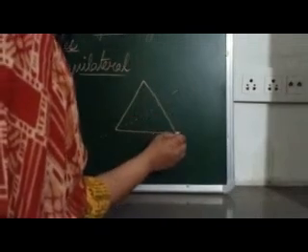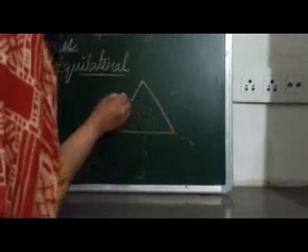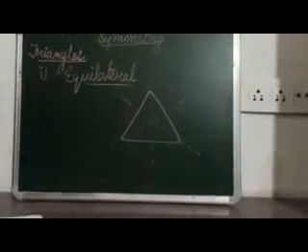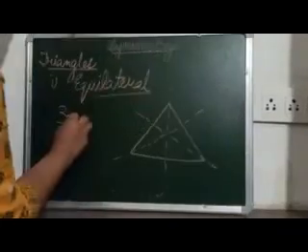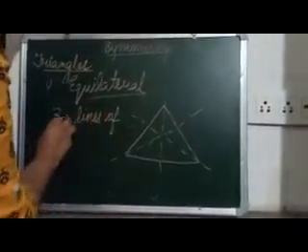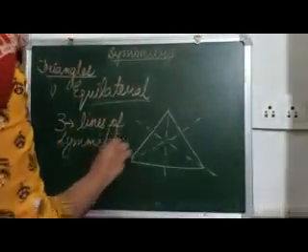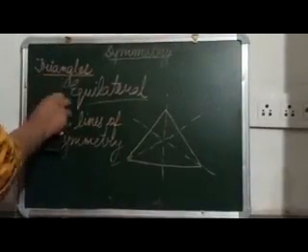And if we draw a line of symmetry through this point, then again this triangle will be divided into two equal parts. So in the case of an equilateral triangle, there are three lines of symmetry.